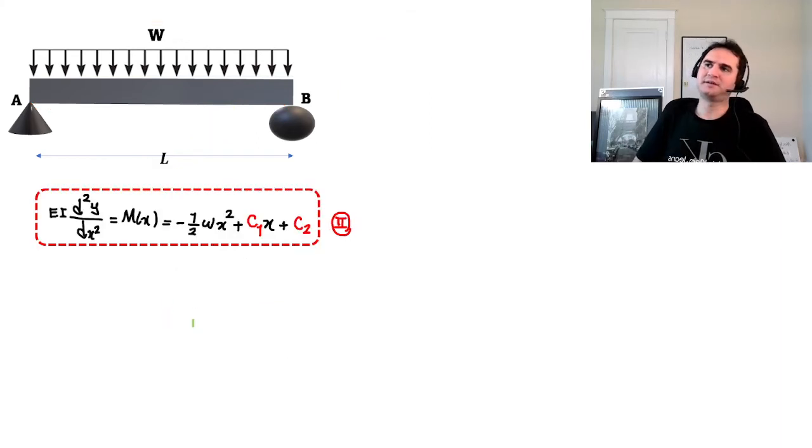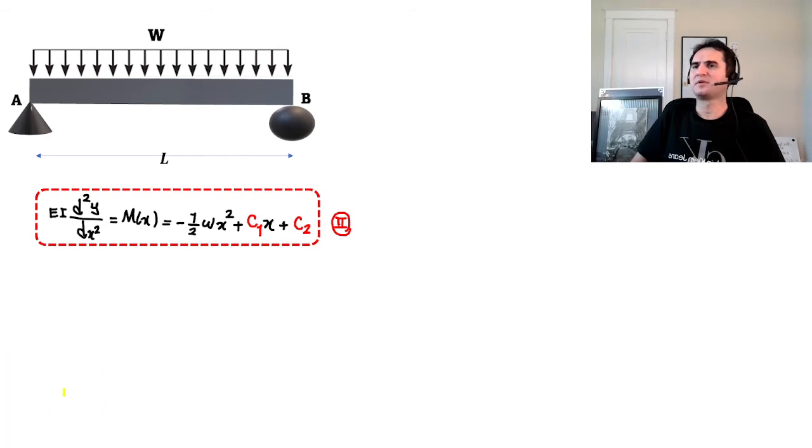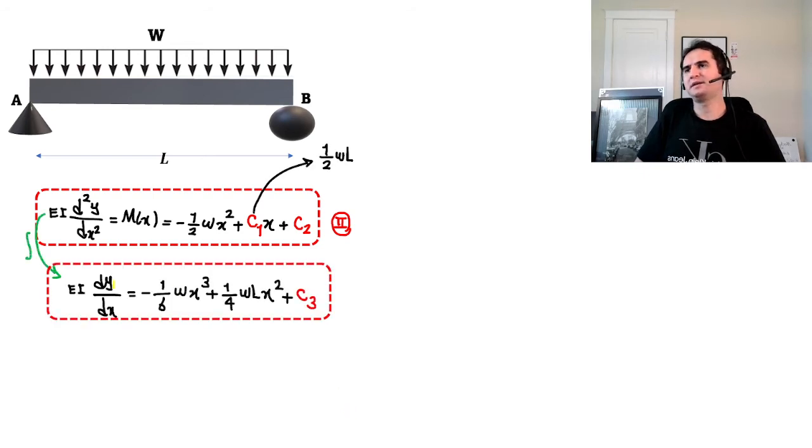Let's move on and integrate the second equation to get the equation for slope. By replacing the numeric value of C1 in 2 and integrating moment, we can get the slope.